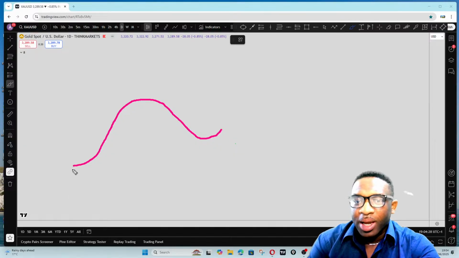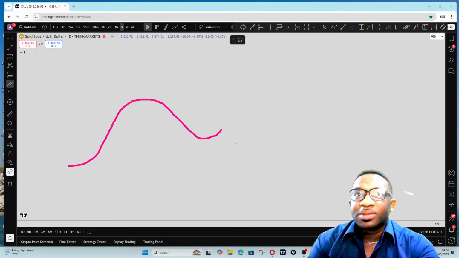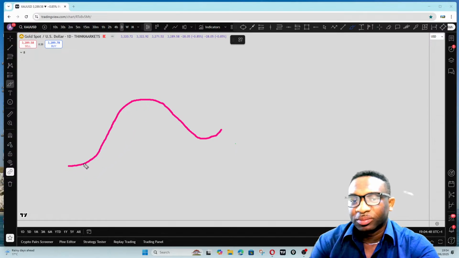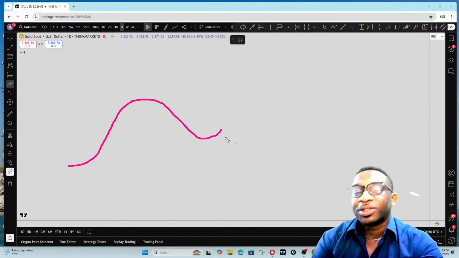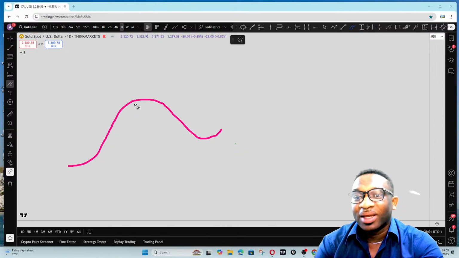So at each point in time, there's a way you can approach the markets depending on where price is. This pink line, I use it to represent price itself. So price moves from one zone or one area to another zone, and then comes back, creating more or less a bell-shaped structure. So in trading, you have to identify the states where price is at.